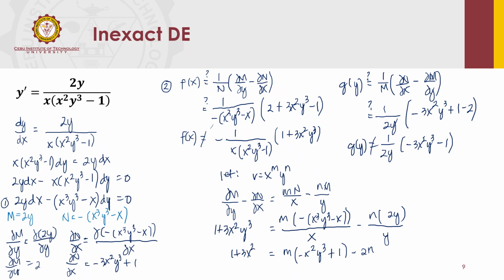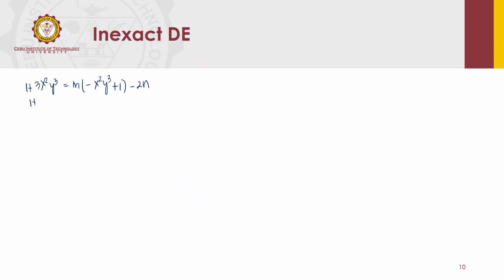We're going to equate this. If we distribute the m on the right side, that's negative m x squared y cubed plus m, minus 2n.